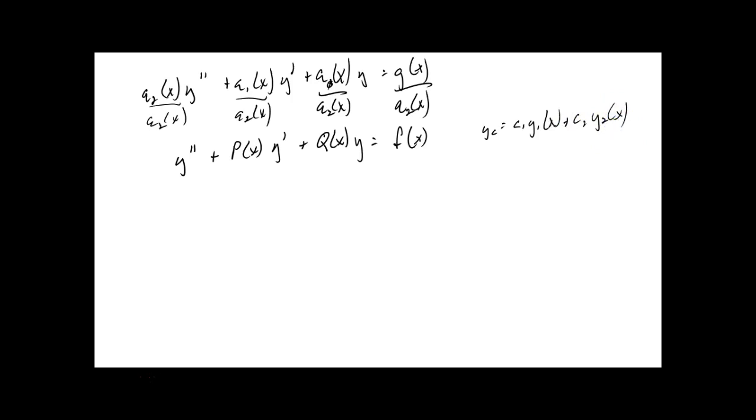Now, it was easy to get those if p and q were constants. Let's assume that they're not constants but variables, that we can still get something that looks like that.